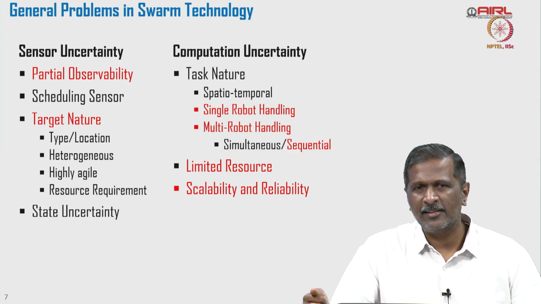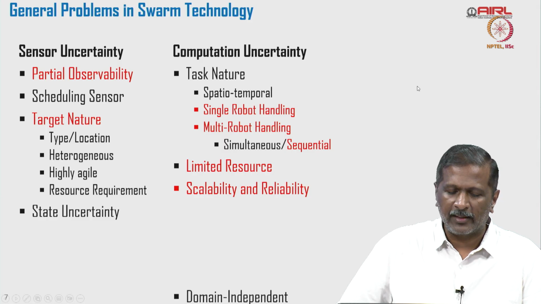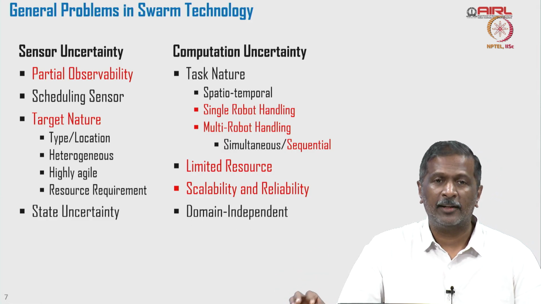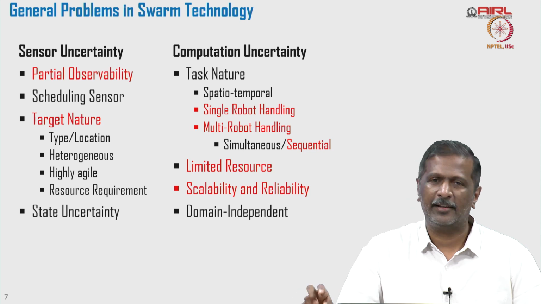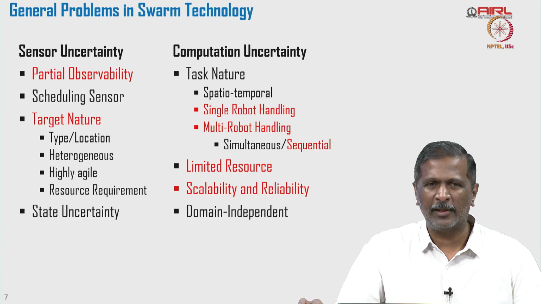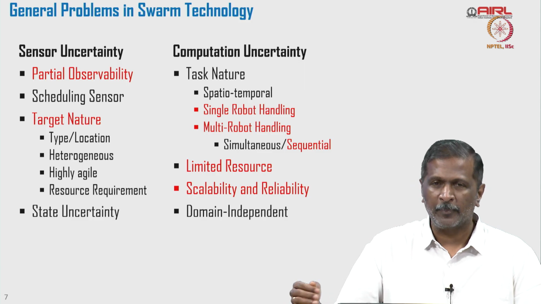The challenge comes in scalability and reliability. This is domain dependent, but it has to be domain independent. I can't say this algorithm should be applicable only for this particular problem. Domain generalization is the biggest issue.